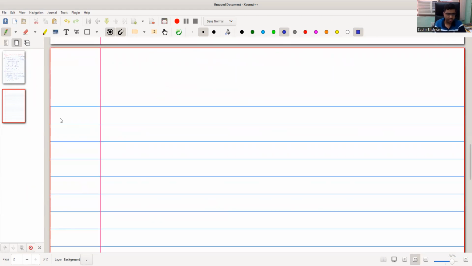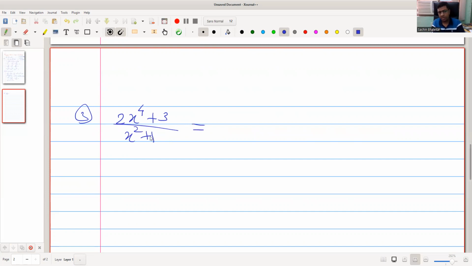Next example. Is again similar. Given function is 2x raised to 4 plus 3 divided by x square plus 1. Okay, so this is a rational function.